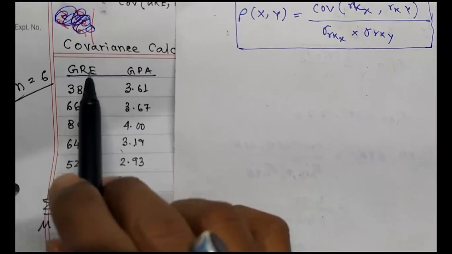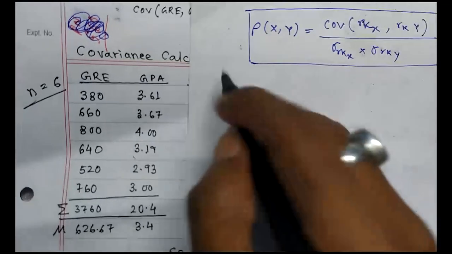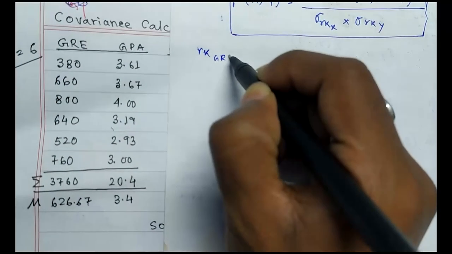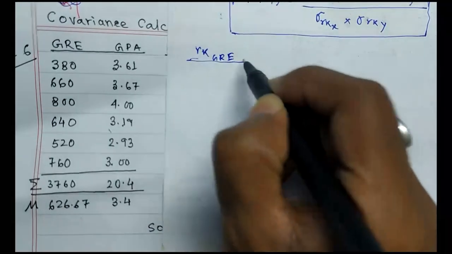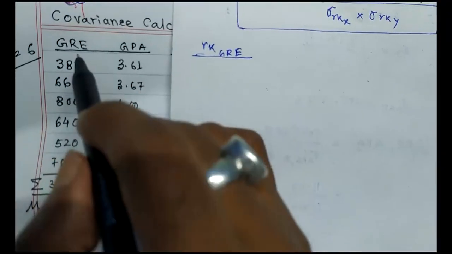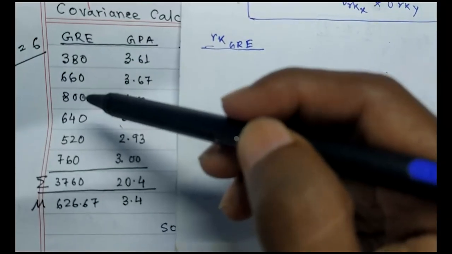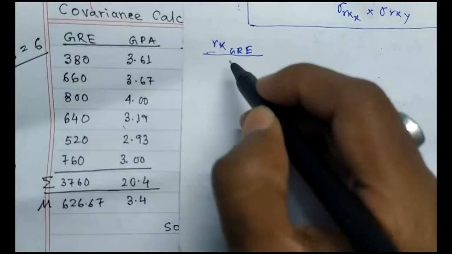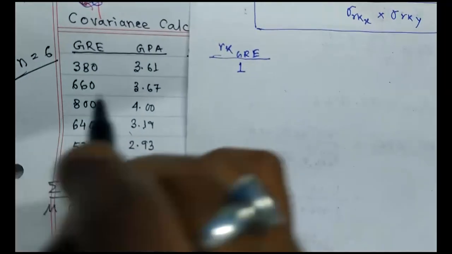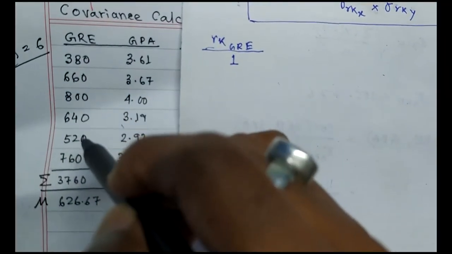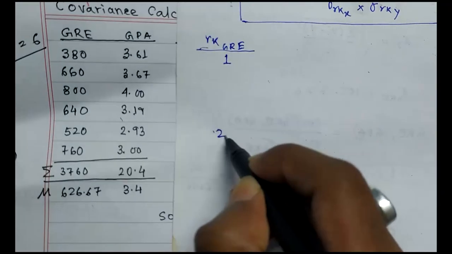So what is the lowest value of this GRE table? Here I will find the rank of GRE. 380 is the lowest value, so the rank of 380 is 1. Next, what is the second lowest value? It is 520, so its rank is 2.